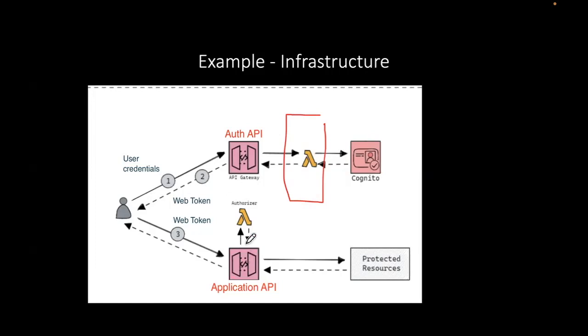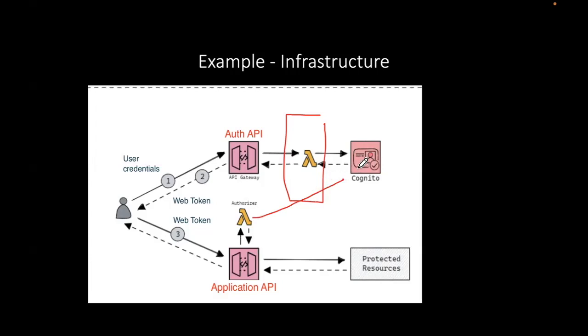verified, and the verification is performed by another Lambda function, which we often refer to as the authorizer. This Lambda, and I should have really put in a connection here, is going to be communicating with the Cognito service, and in particular, the Cognito user pool within that service that is related to this application, passing the JWT token.